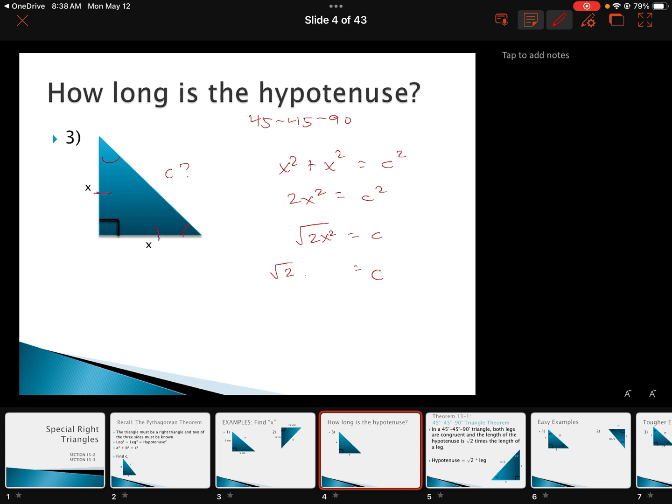You can change this to the product of two radicals. Now, one of those is a perfect square. 2 is not a perfect square, but x squared is. What's the square root of x squared? It's just x. The square root of 2 doesn't change. Your hypotenuse is always going to be whatever that leg is times the square root of 2.